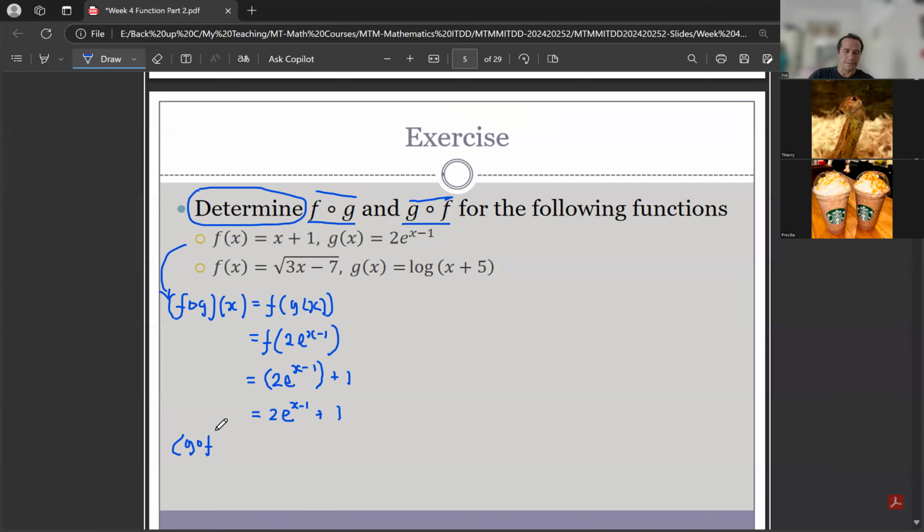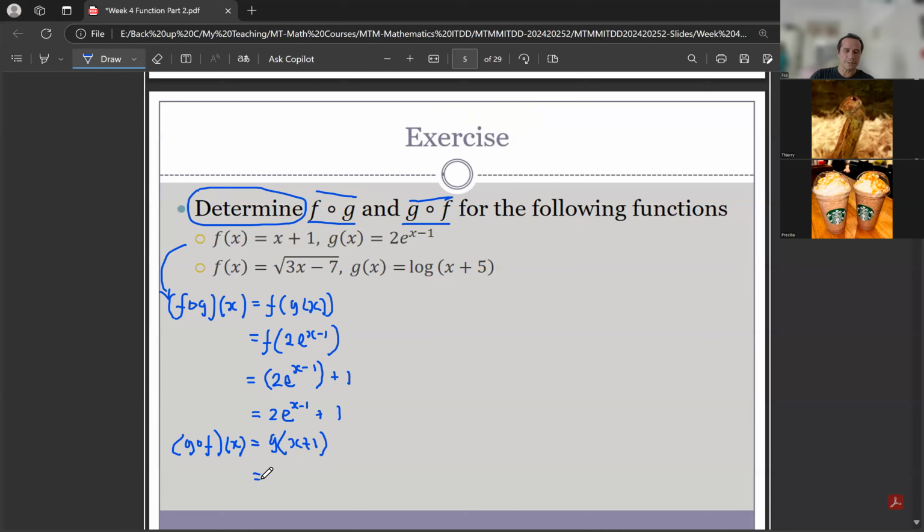This is GOF applied to x, and then we have g applied to x plus 1. I don't write the definition, and I jump into the calculation.